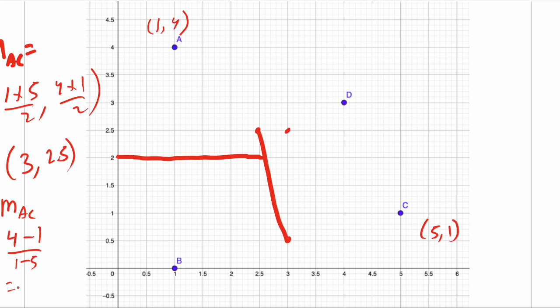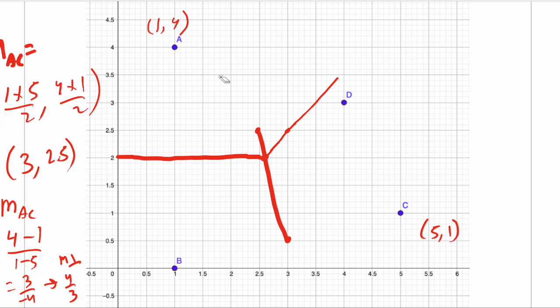Oh, it is 3 over -4. So if we want the perpendicular slope, it's going to be 4/3. Okay, so actually, I come to think of it, I probably didn't need to even find that slope, because I know that if it's a 3-site Voronoi diagram, they're going to meet at one vertex. So I can just draw a line from here. Alright, so then we're going to draw that.